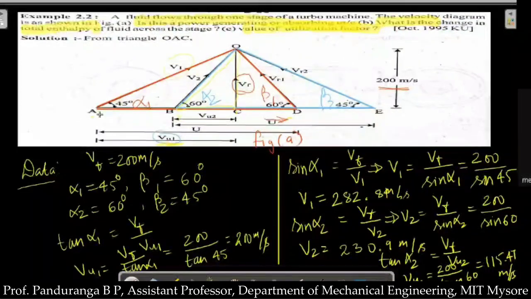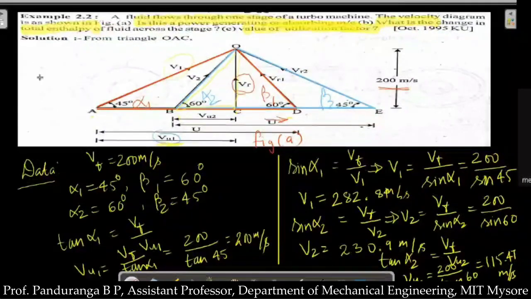Before going to the next page and writing that, you can see that the triangle OAC and the triangle OCE are similar because the angles are similar and the height is same for both the cases. So they are similar triangles. Similarly, triangle OBC and triangle OCD, the angles are same and the height is same, so they are also similar triangles.